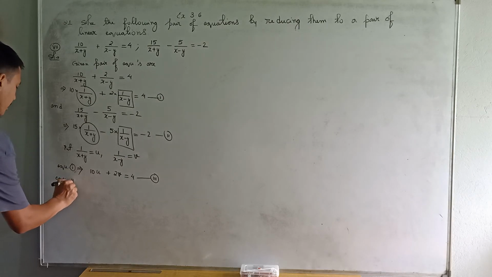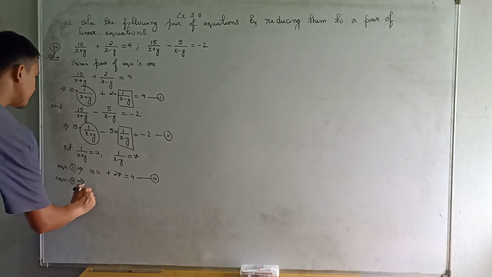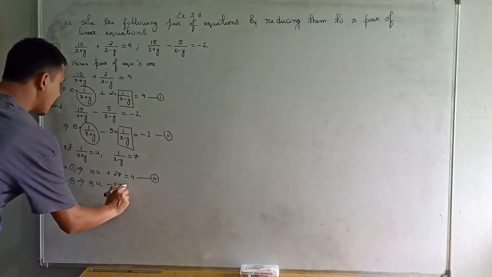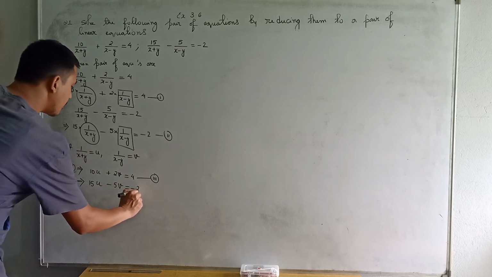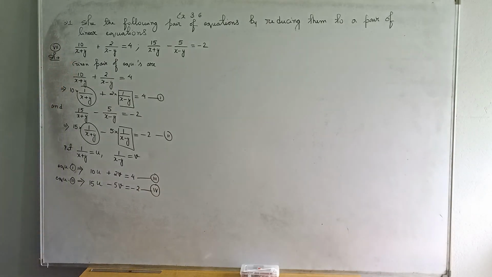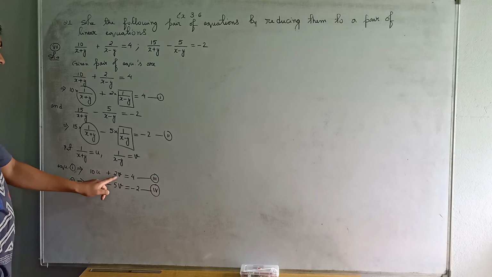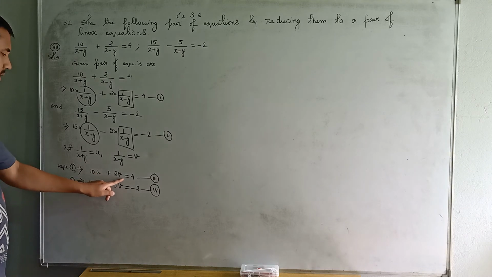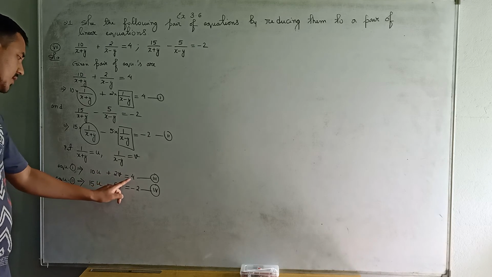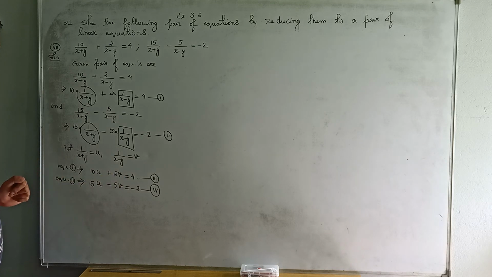And what will your equation 2 become? 15u minus 5v is equal to minus 2. See, we could have reduced this equation, I could have made it simpler. We can divide both sides of this equation by 2.